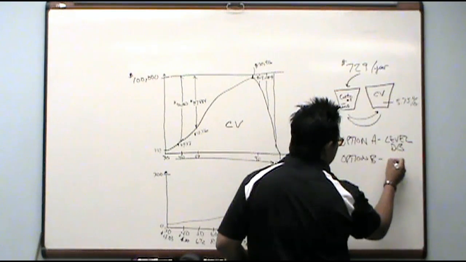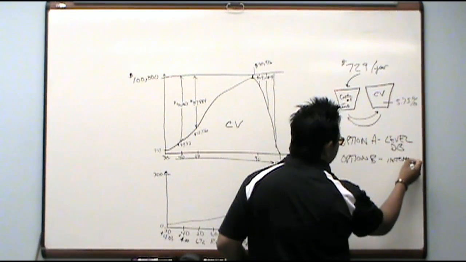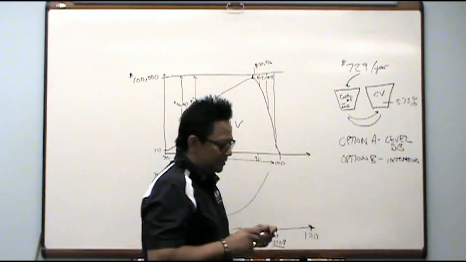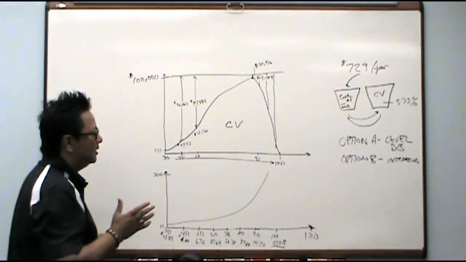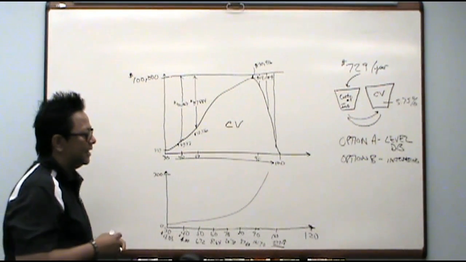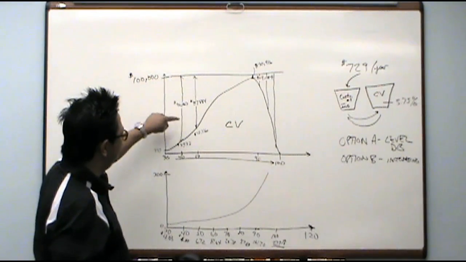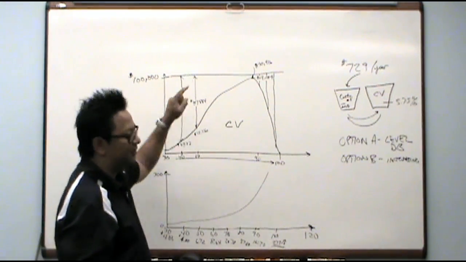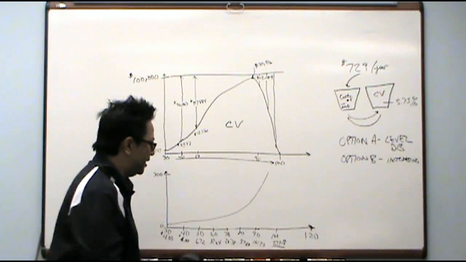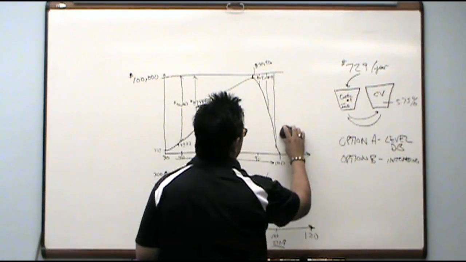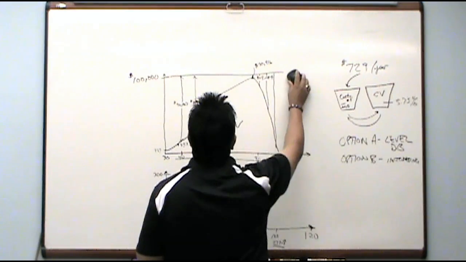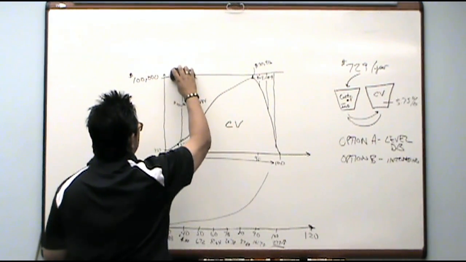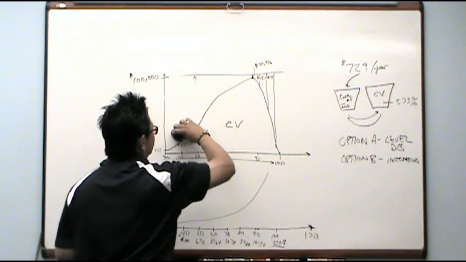This is called increasing. What increasing means is that every time the cash value grows, the company's still going to be on the hook for $100,000 of insurance. So let's say the cash value line starts off at 100,000.